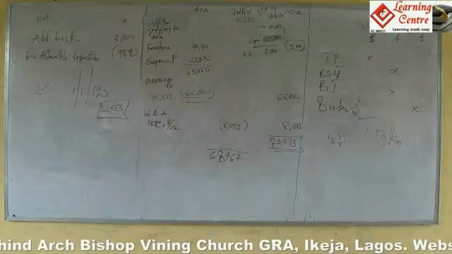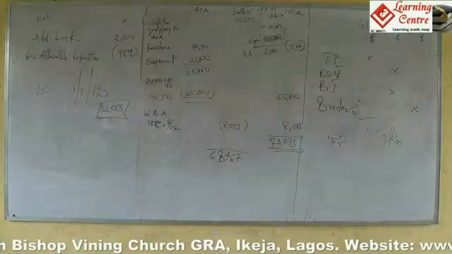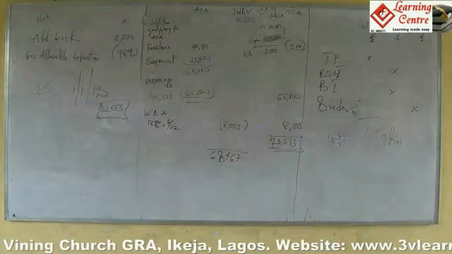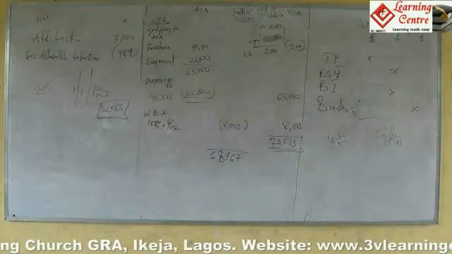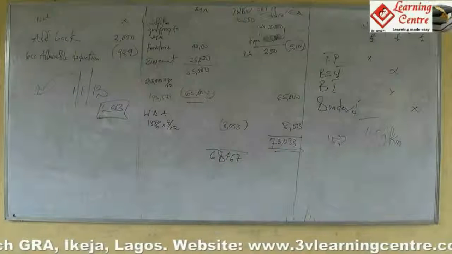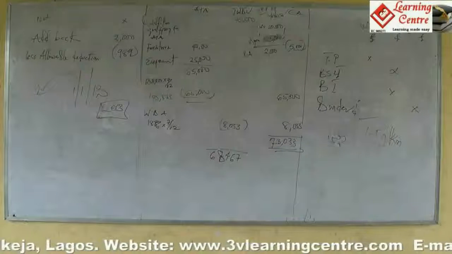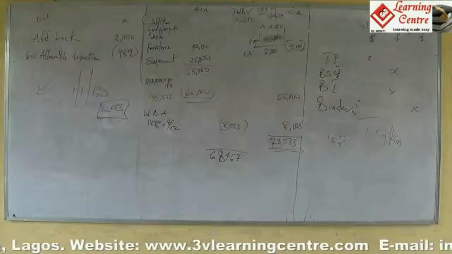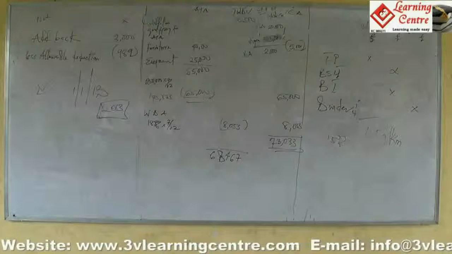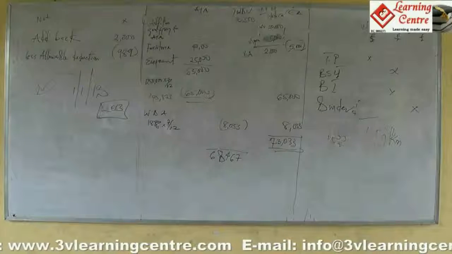Yeah, for a single person. Change that. Those qualifying for AIA should turn it to 250,000.